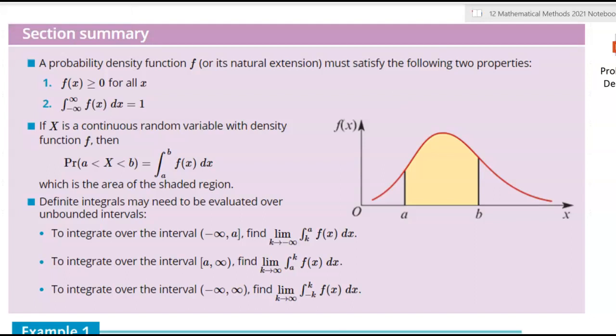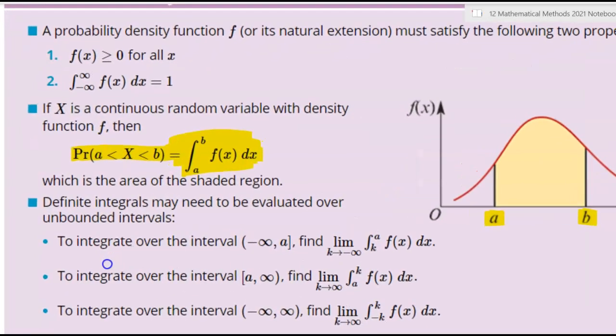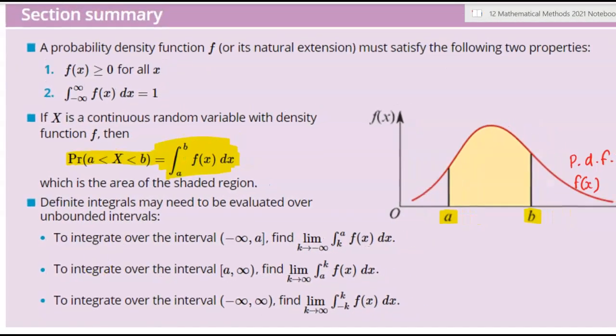If we've got a function and this red line over here is representing f of x, and that f of x is our probability density function, if you wanted to find the probability that x falls between A and B, all you need to do is integrate the probability density function between the lower bound A and the upper bound B.